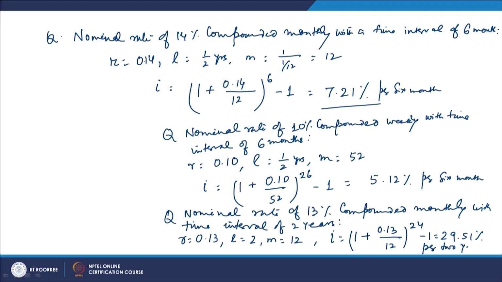So, basically we are interested to know the value of this effective interest rate in the span of 2 years, and for the span of 2 years your effective interest rate becomes 29.51%.